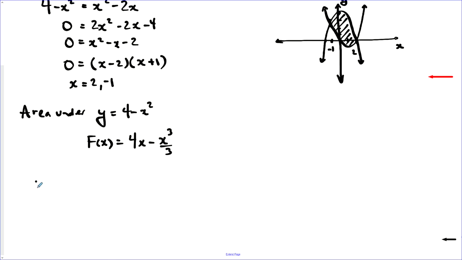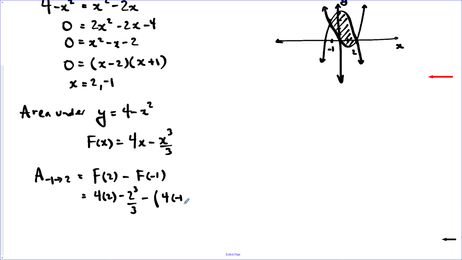And we want the area from negative 1 to positive 2, so we want to put in 2 into our function here, and then put in negative 1. So 2 times 4 minus 2 cubed over 3 minus, put this in brackets, 4 times negative 1 minus negative 1 cubed over 3.